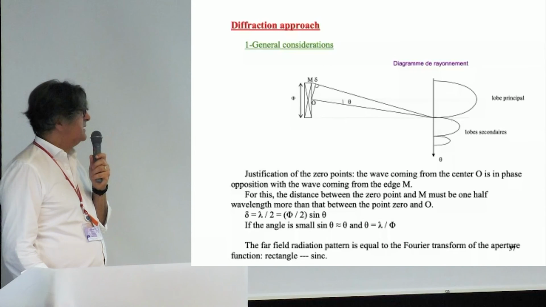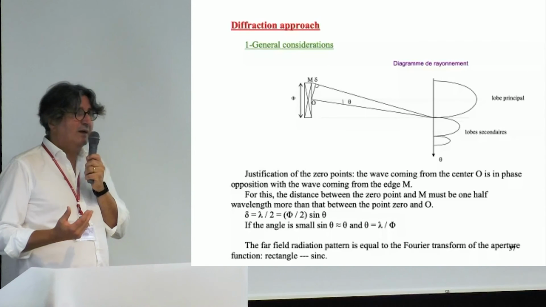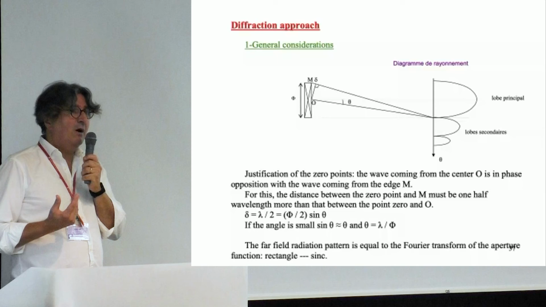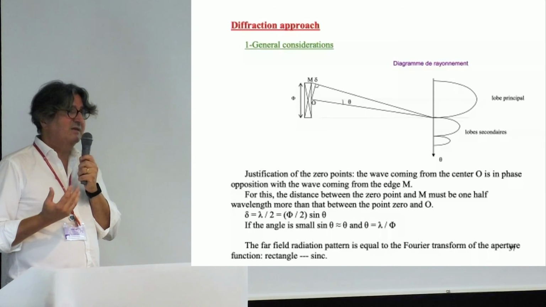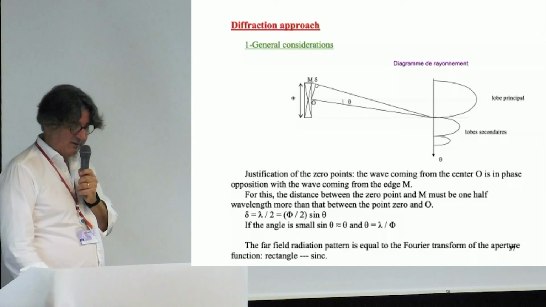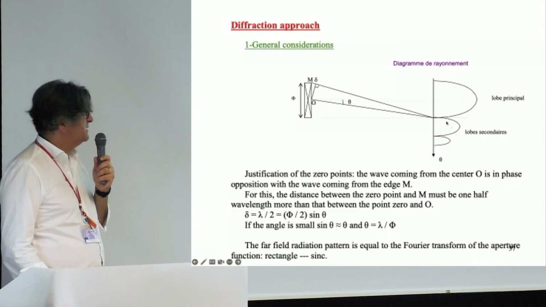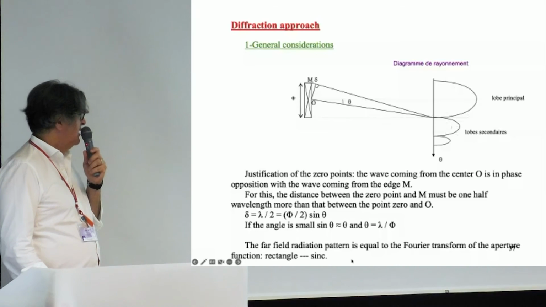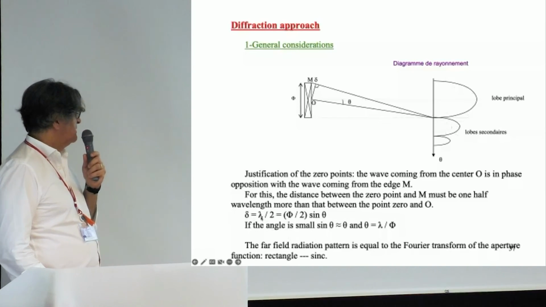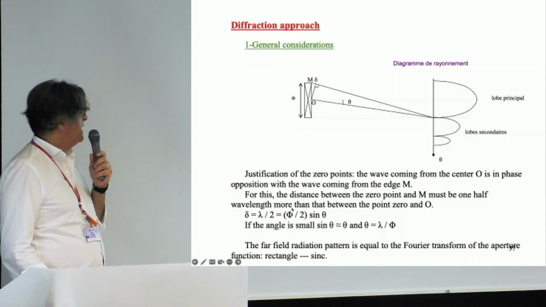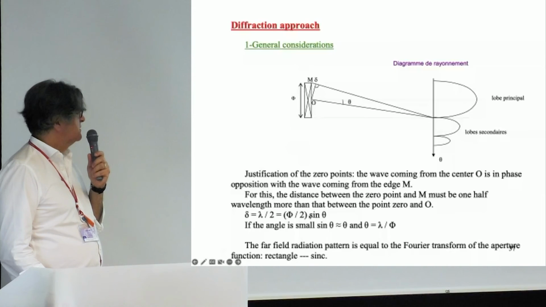And then what does it mean? It means that you will get zero amplitude or zero intensity locally. So this is why you have an enlargement of your beam, simply by considering the interference of these two waves. So the path difference lambda over 2 is given by the diameter of the transducer divided by 2, the radius, multiplied by the sine of the angle.